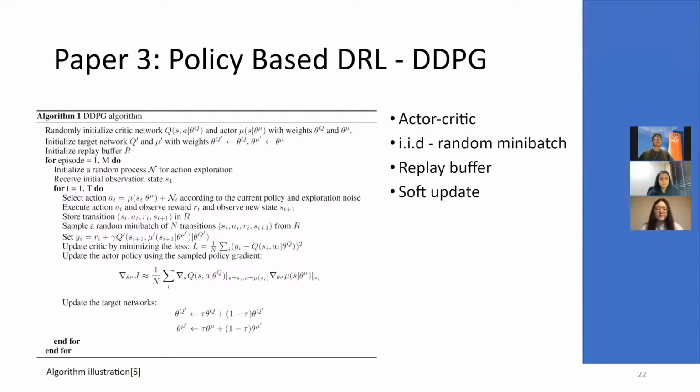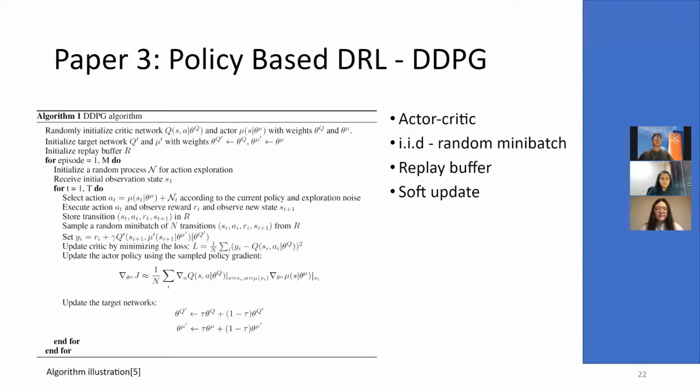And then it uses the actor network to get action, and random noise is also added for the purpose of exploration. Then we execute the action, observe reward and the next state. Then store the state, action, reward, next state transition into a replay buffer.